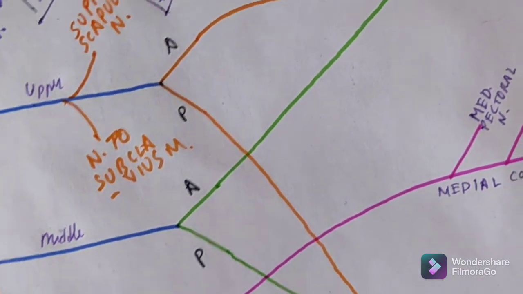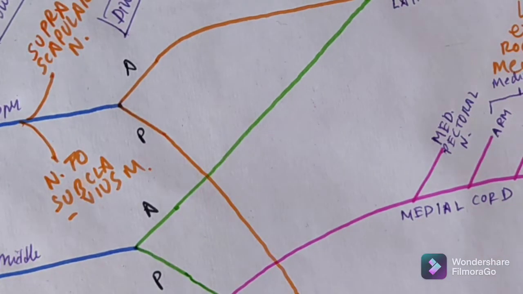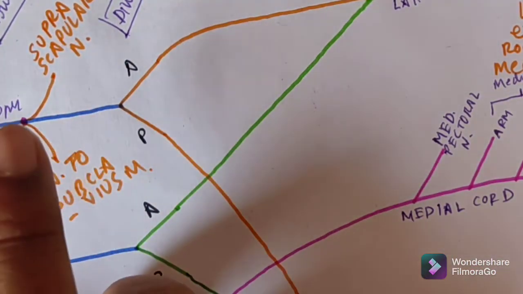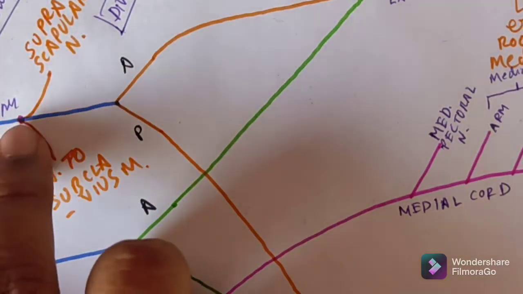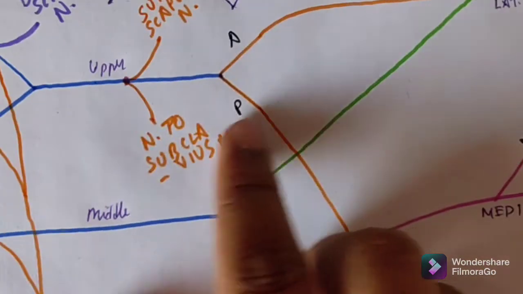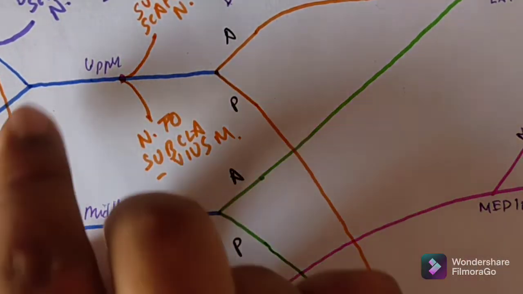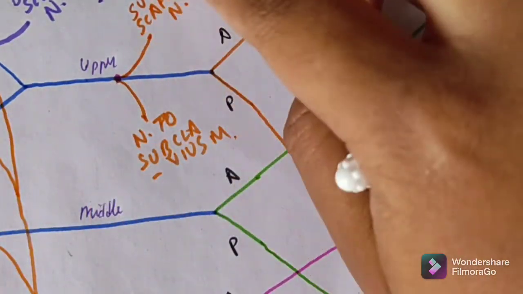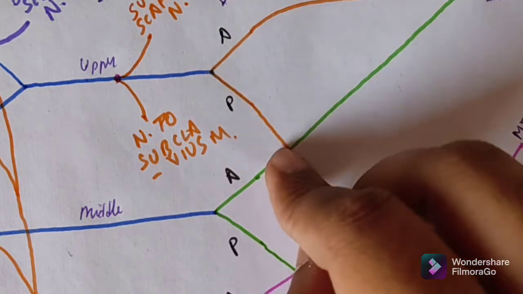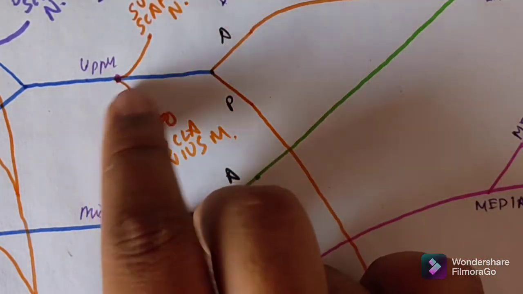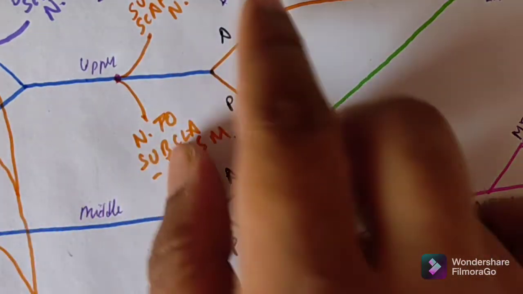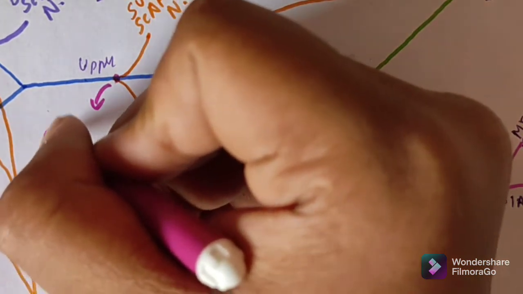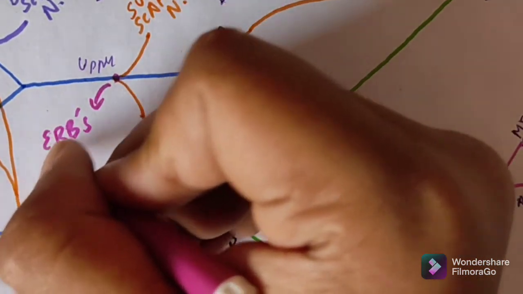Now this point, particularly over here, is one important point which is known as Erb's point. In Erb's point there is innervation from 6 nerves. Generally the C5, C6, the suprascapular nerve, the nerve to subclavius, the anterior division, posterior division. So this is like a central core point of all these nerves, and is known as Erb's point, and it has its own clinical significance.